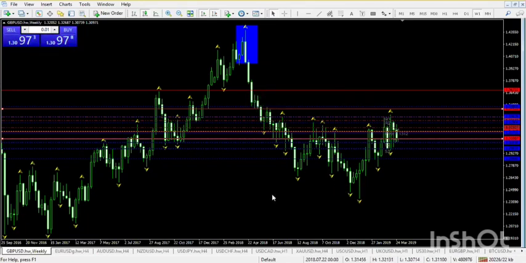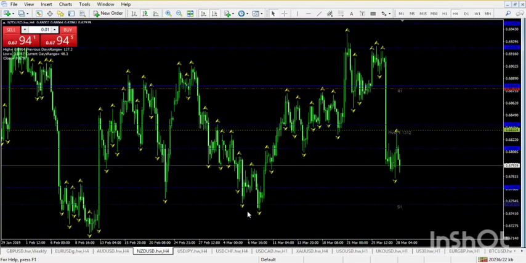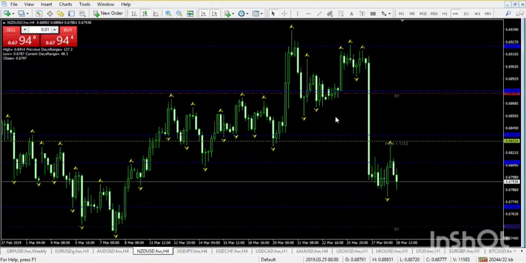Another example, let's move on to another chart. We have so many of these examples here. You see, this is because of the news that was published yesterday. I'm not sure what the news was, but it must have been very important.